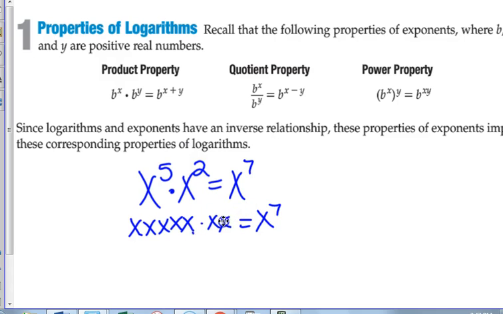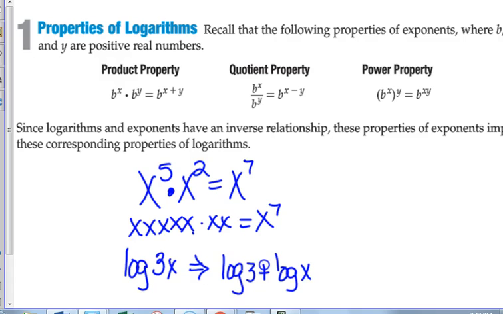So the idea was that when the bases were the same, we added the exponents. When we have logs that are being multiplied, we're going to separate that into an addition problem. Does this sound vaguely familiar? Yes. Okay.